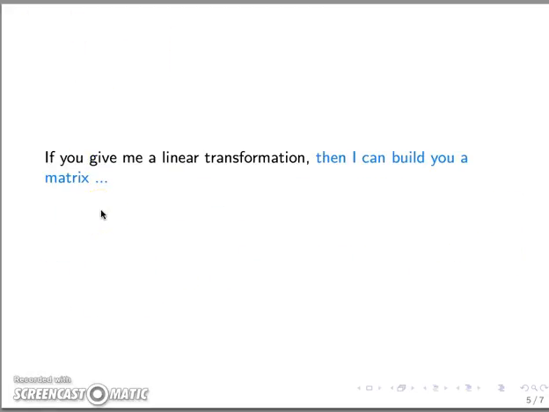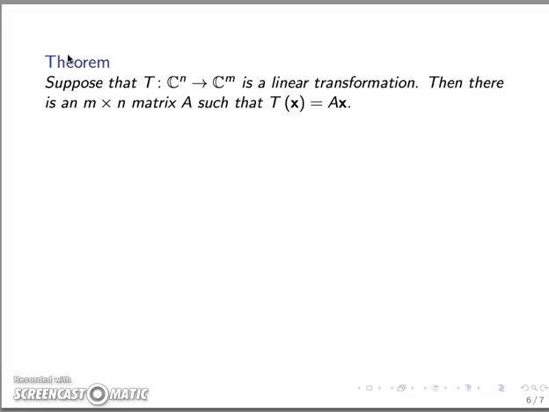So now we move to the other statement. If you give me a linear transformation, then I can build you a matrix. Let's see what the basis of this statement is. You could be a little more formal and say, suppose we have a transformation from Cn to Cm.